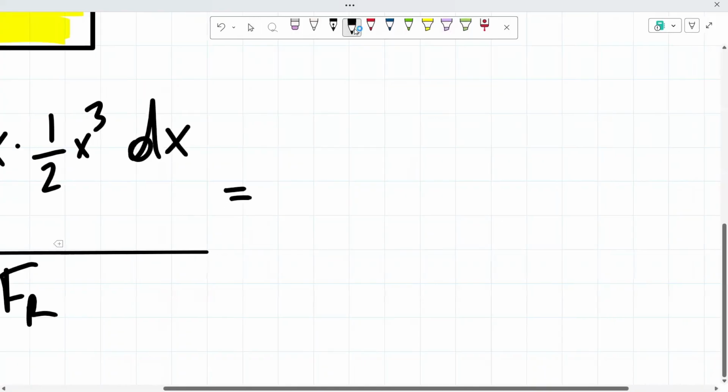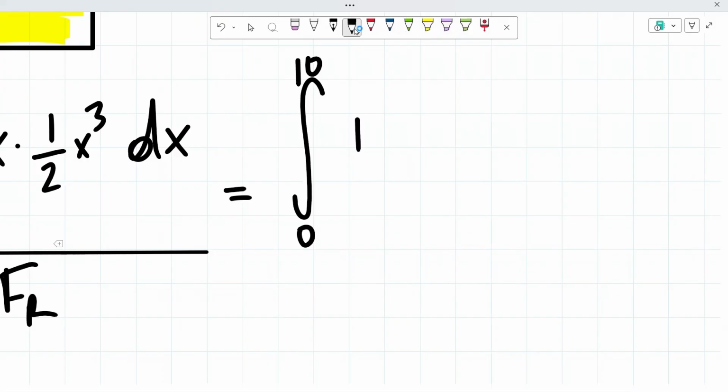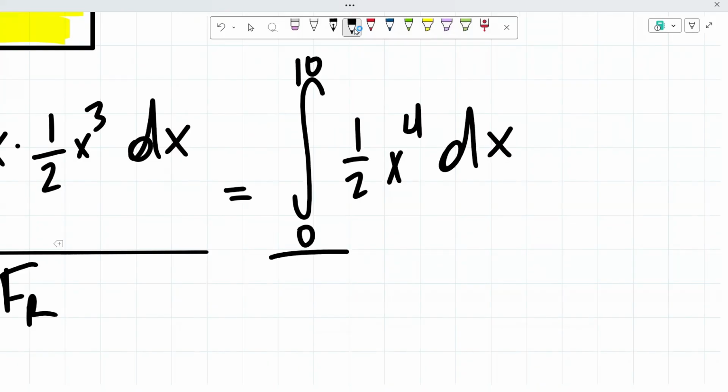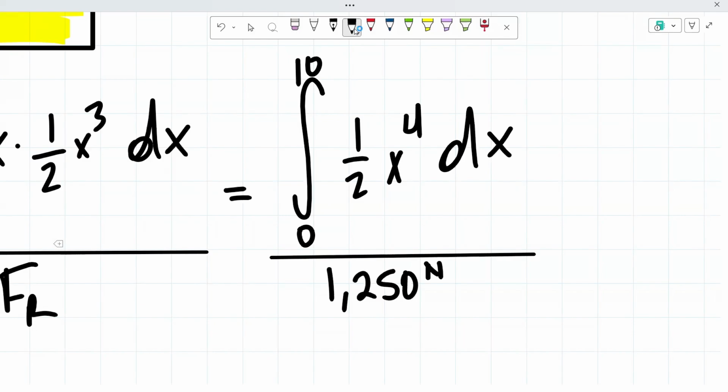If we simplify that, we get the integral from 0 to 10 of 1/2 x^4 dx, and we know that our resultant force is equal to 1,250 newtons.